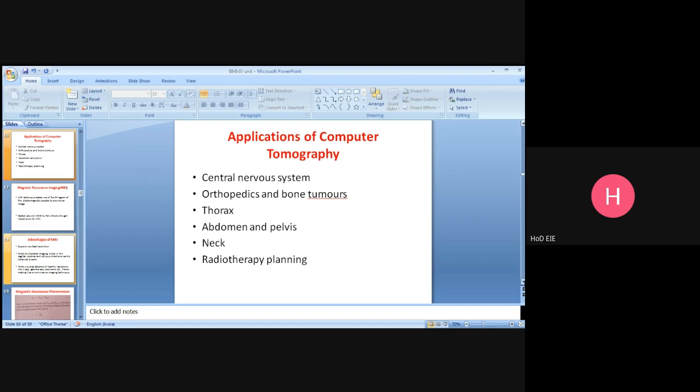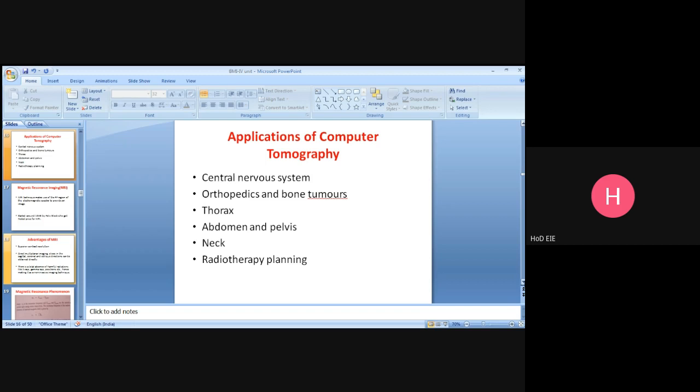Then, coming to the applications part, what else can we say? CT imaging can diagnose the various damages or lesions present in your central nervous system.